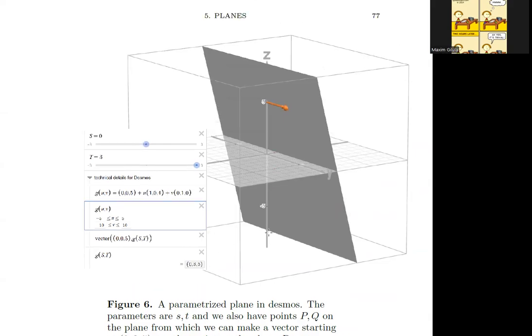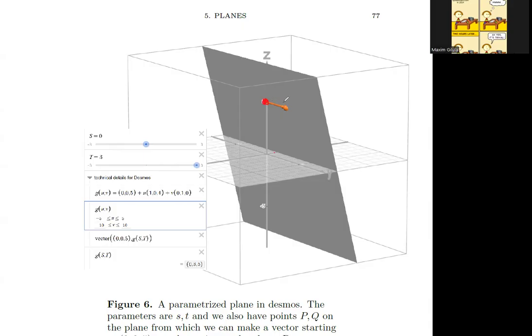So here is a way to write a parametric equation for a plane in Desmos. You need to use u and v as your parameters, or else it won't work. It won't let you set the bounds for the parameters unless you make them u and v. So here, (0, 0, 5) is a point on the plane. This is the parametric equation form.